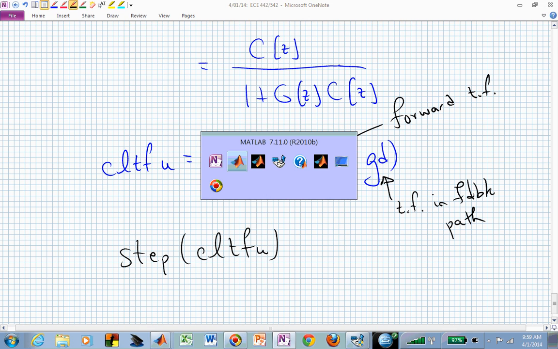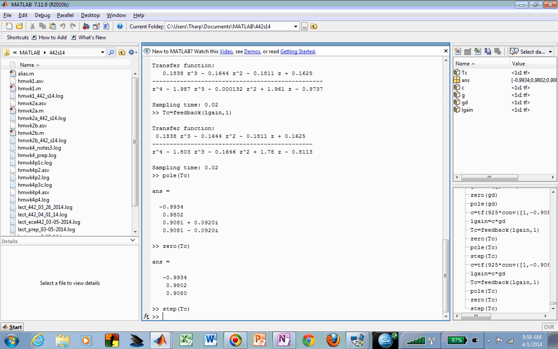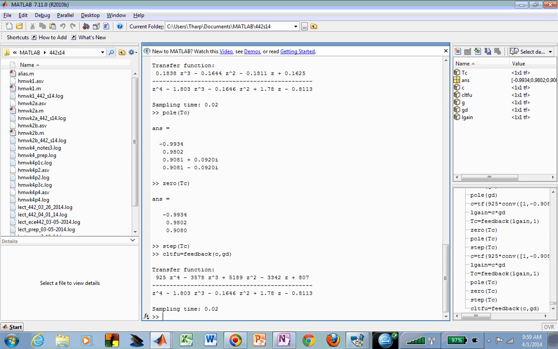So if we do that in MATLAB, if I can issue the commands properly, what I want to do is, I was calling that a closed loop transfer function for U, is now the feedback command of our controller and the discrete system in the feedback path.